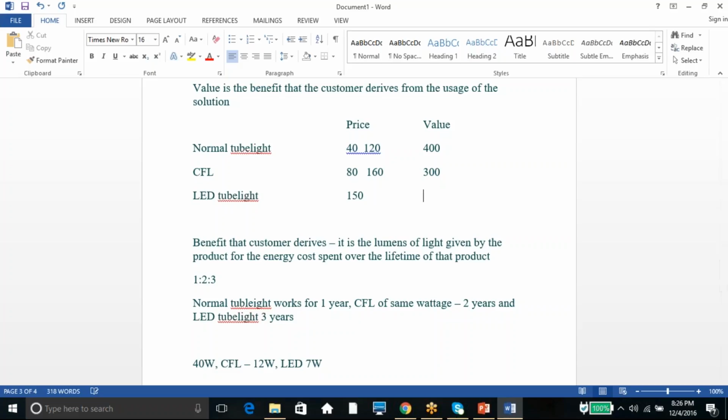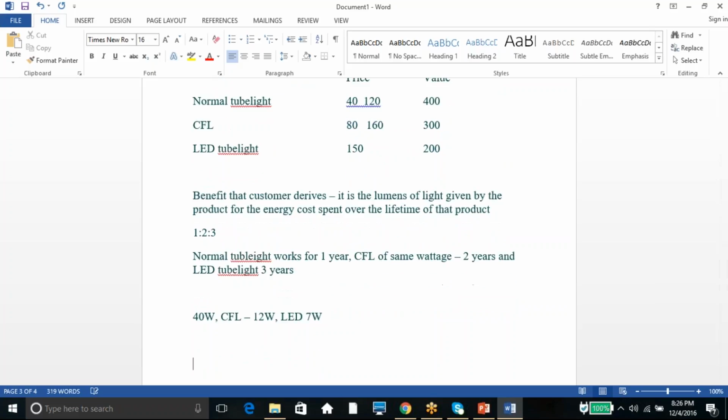So as you see in this example, the pricing does not have any relation to the value, and should not be confused over there. Based on the value that you give to your customer, if you are able to charge a price, that is when you make the kind of profits that Apple is making.